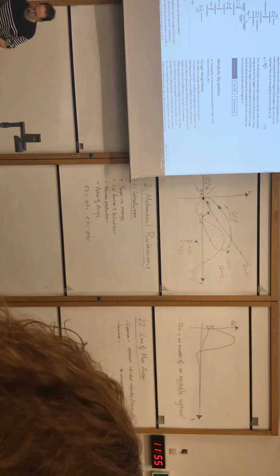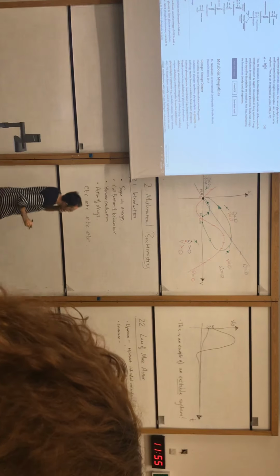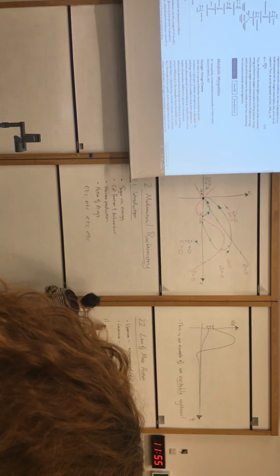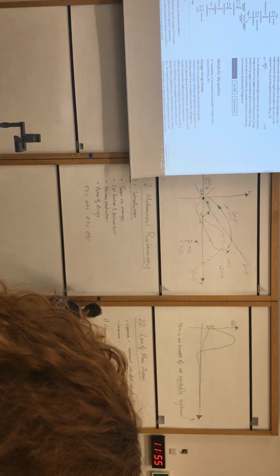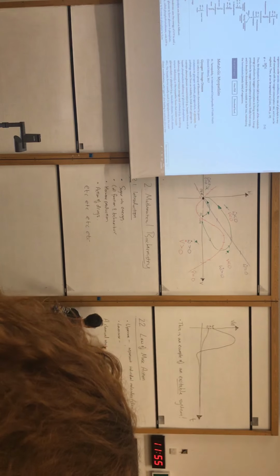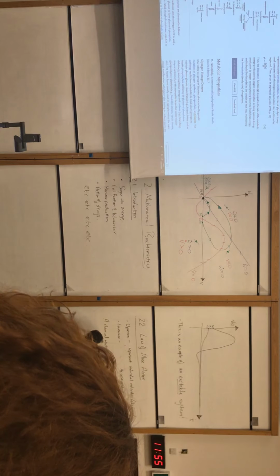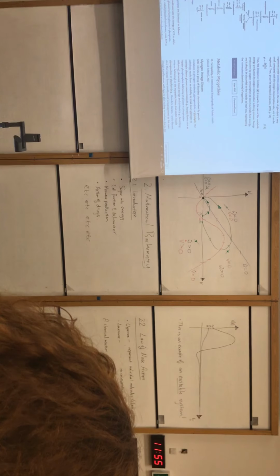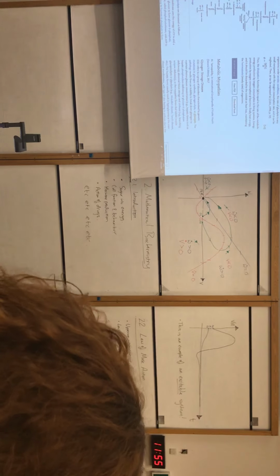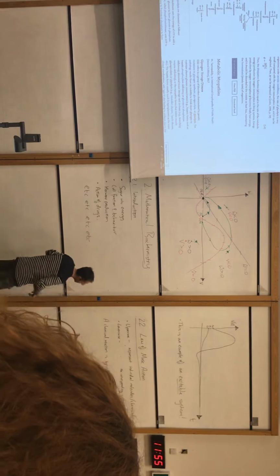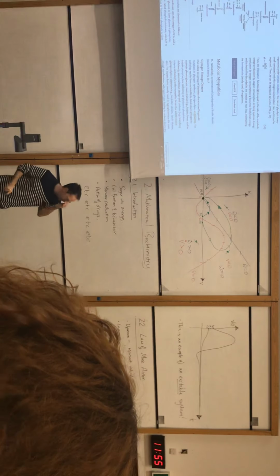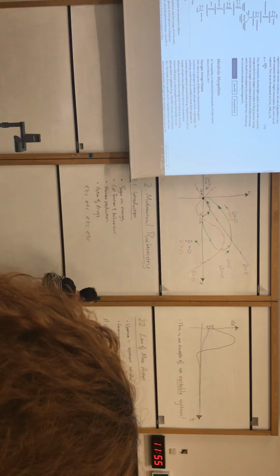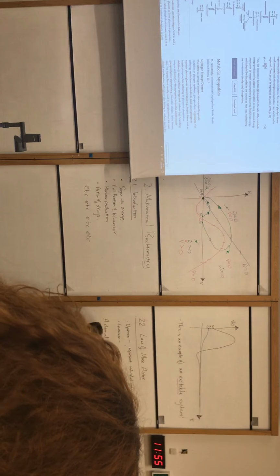And a chemical reaction is typically written in the form of something like the following. It looks a little bit like an equation. You have something on the left-hand side, which will be the reactants.